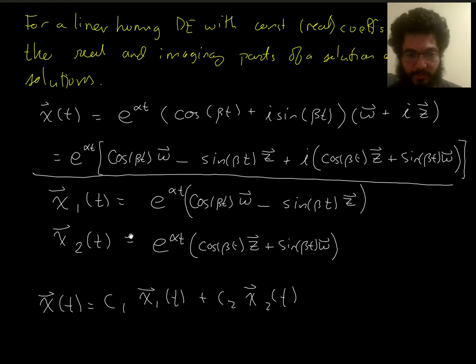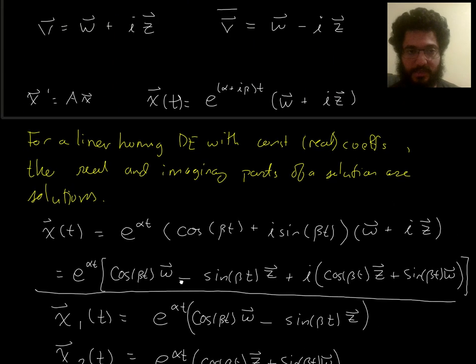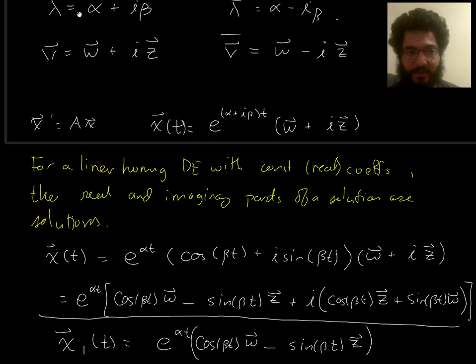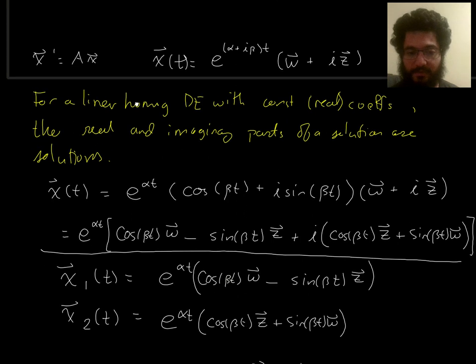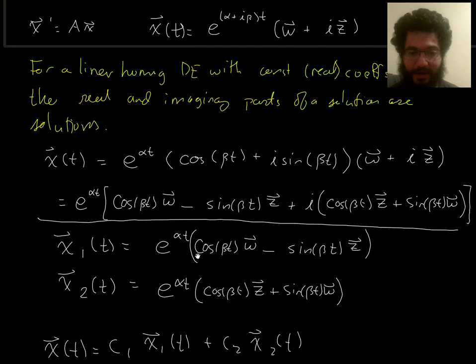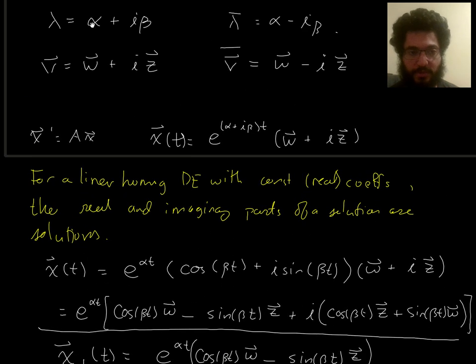So x1 and x2 both have a factor of e to the alpha t on them. If alpha is positive, if the real part of your eigenvalue is positive, then all of our solutions have an exponentially growing scale factor in front. If the real part of your eigenvalue is negative, then you have exponential decay out in front. So you can tell a lot just from looking at alpha.